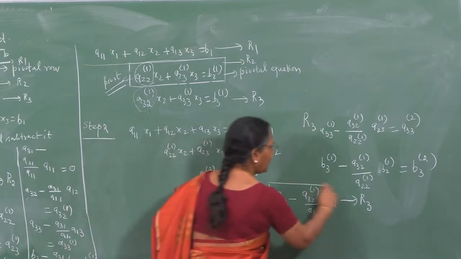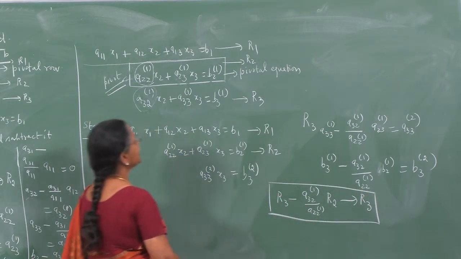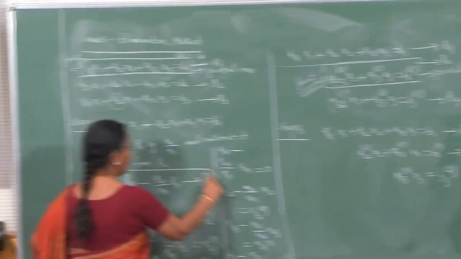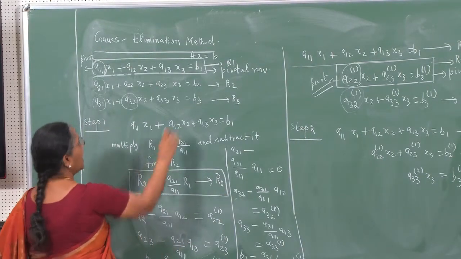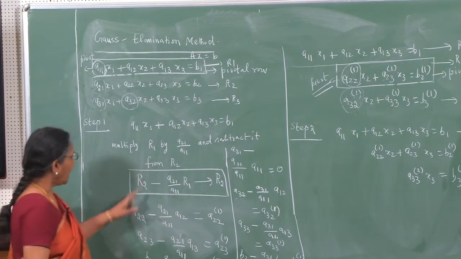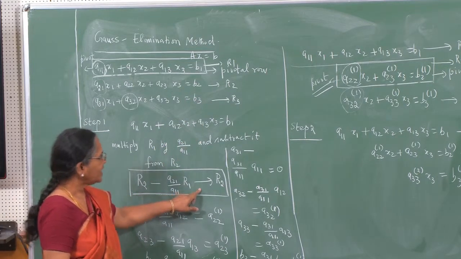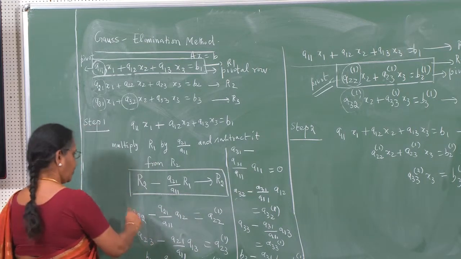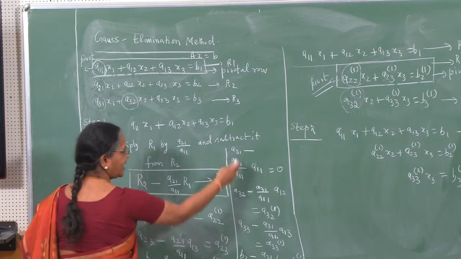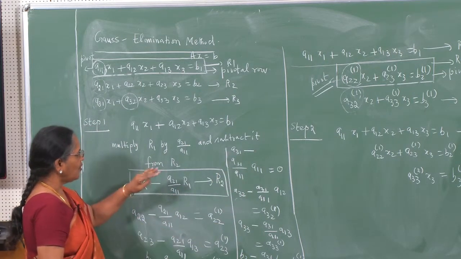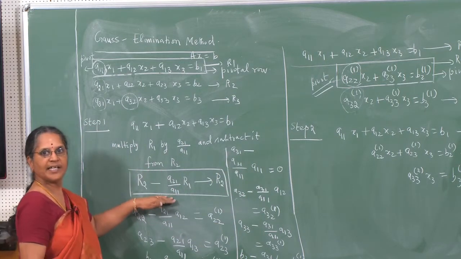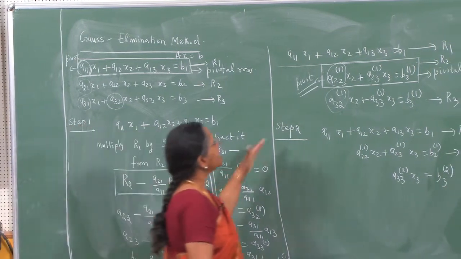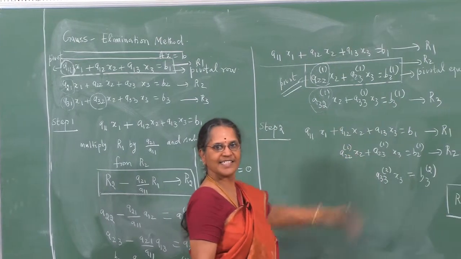So, it is very important that at every step you indicate what your elementary row operation is, namely R1 goes to R1, R2 goes to this, and R3 goes to the following, which we have indicated here. So, indicate what is the row operation that you perform to arrive at the system of equations at the next step.